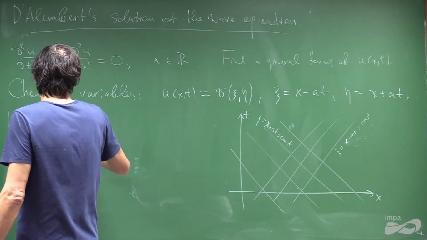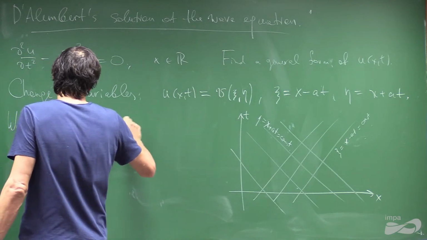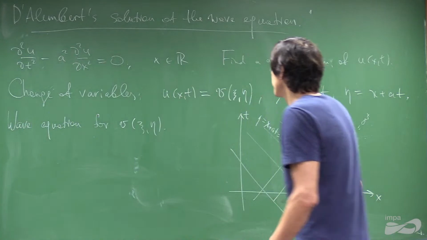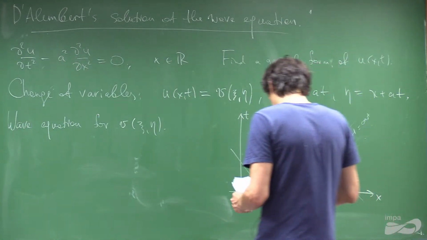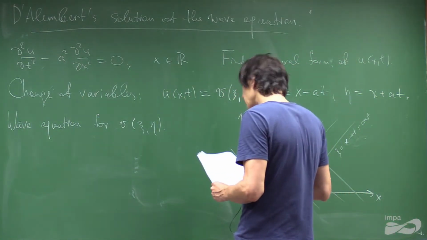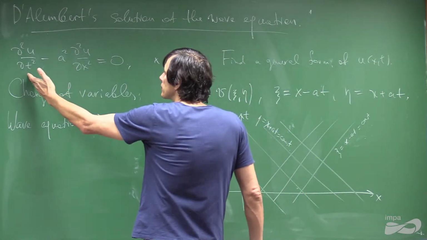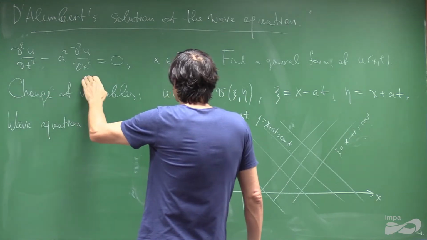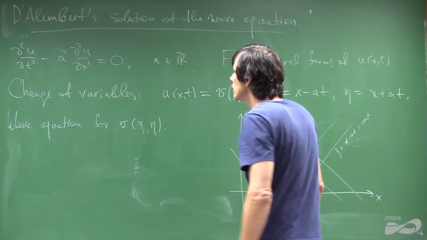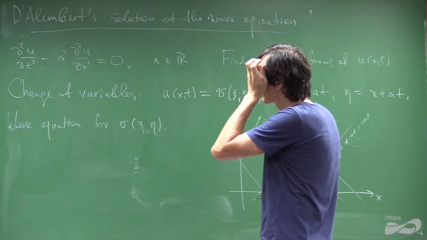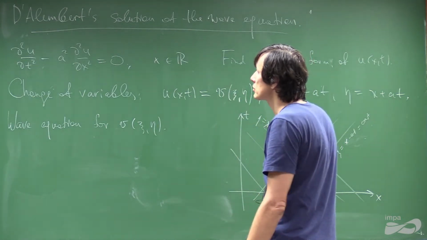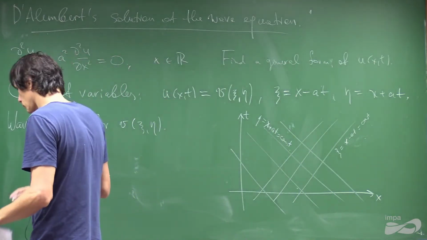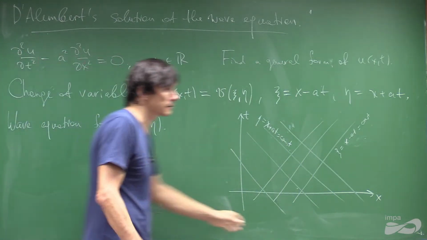Essentially, we need to compute the second derivatives in terms of v. Second derivatives are computed by first computing the first derivative, and then the second derivative.